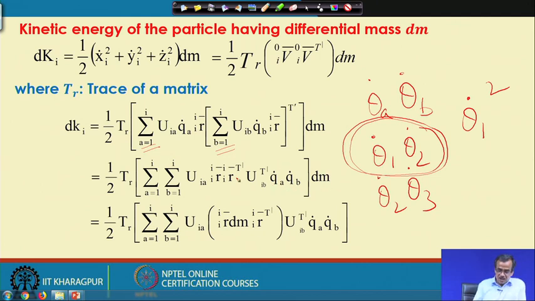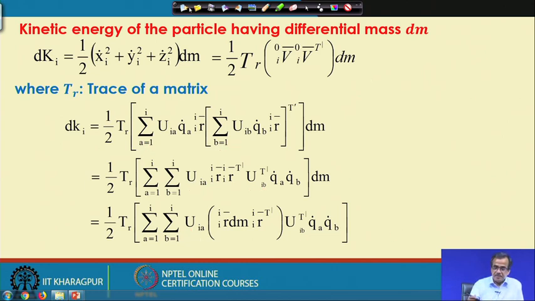This can be further rearranged in this format: half trace, summation a equals 1 to i, summation b equals 1 to i, u_ia, then the integral of r_i with respect to i, r_i with respect to i transpose dm, then u_ib transpose, q_a dot q_b dot. So, it can be rearranged in this format.